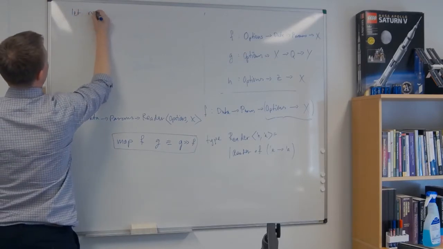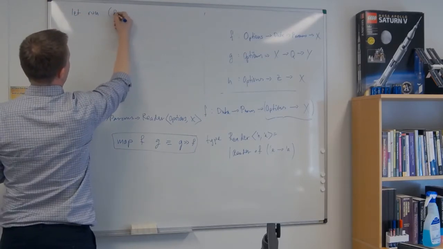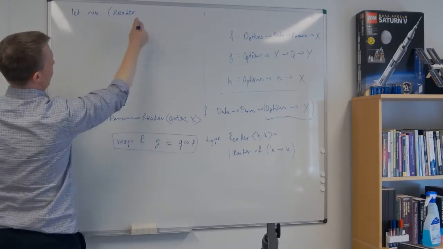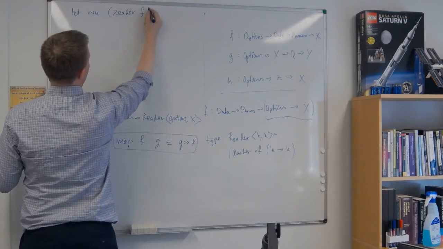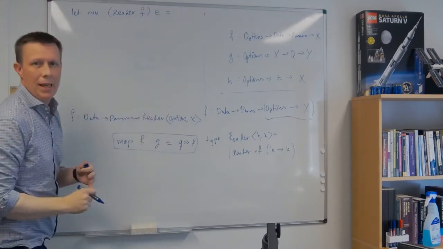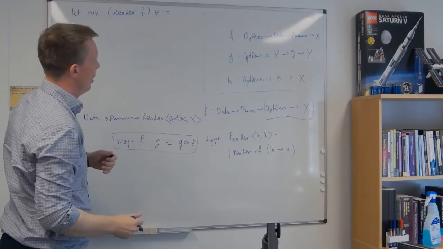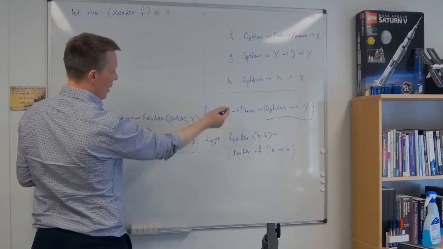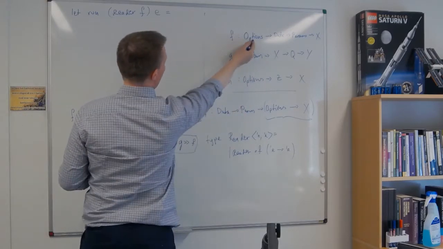Let run, and run takes a reader. This is of course pattern matching here, and I'm going to extract some f, and then I'm going to take some e, which is this environment type. So in this case, when doing this reader here for my particular case, that would be of this type options.